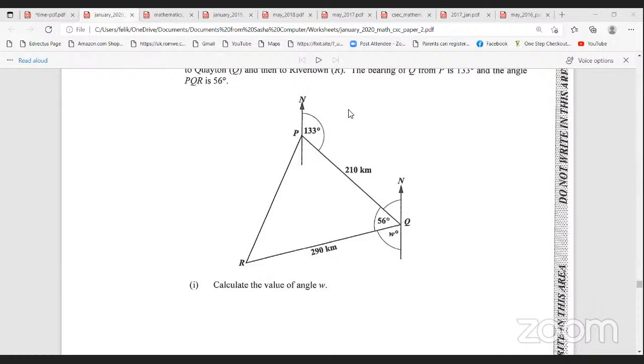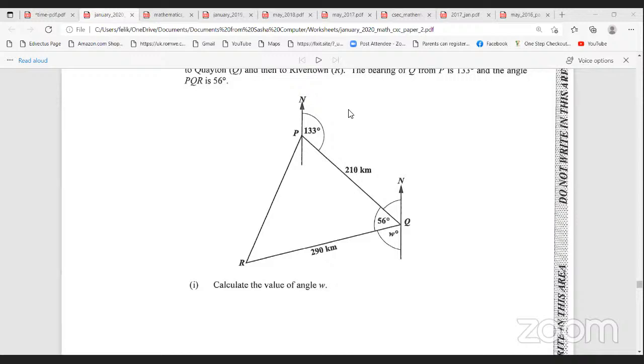They said the bearing of point P from Q. So the first thing is, step one, we need to know our point.